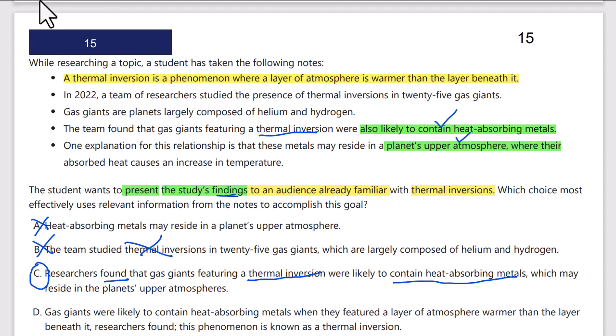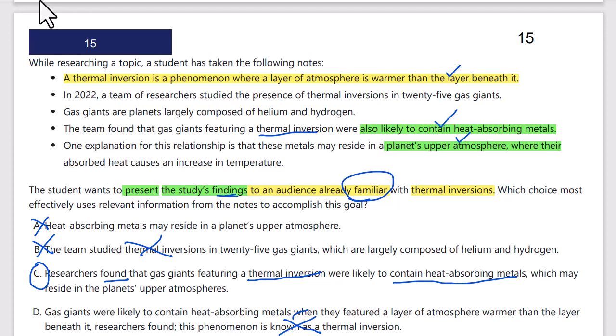Let's look at D. Gas giants were likely to contain heat-absorbing metals when they featured a layer of atmosphere warmer than the layer beneath it. Researchers found this phenomena is known as thermal inversion. Okay, here we're defining thermal inversion and what that is. Basically the information in that first bullet point. The audience is already familiar with thermal inversion.